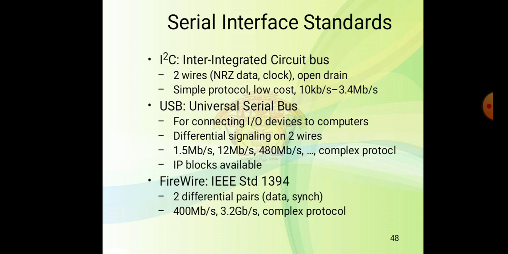It uses differential signaling on a pair of wires with a modified NRZ encoding. Different configurations support serial transfer at about 1.5 Mbps, 12 Mbps, or 480 Mbps.